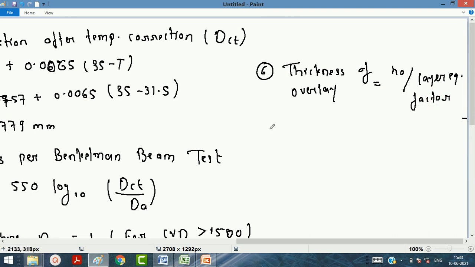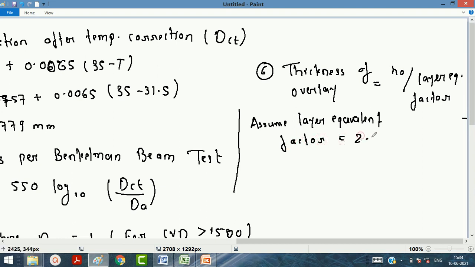If it is not given, then we have to assume the layer equivalent factor is equal to 2.0. If given, then we take that value. In this question the layer equivalent factor is not given, so we assume that it is 2.